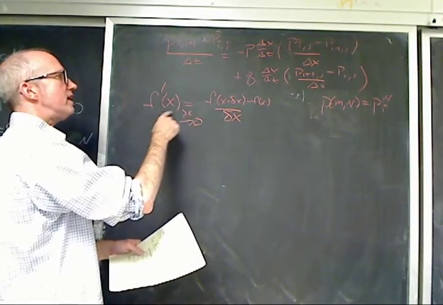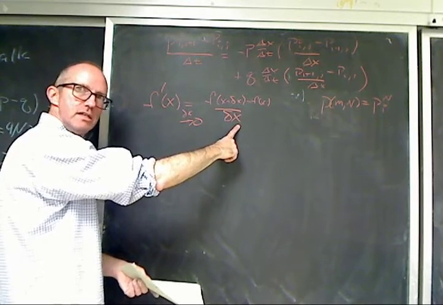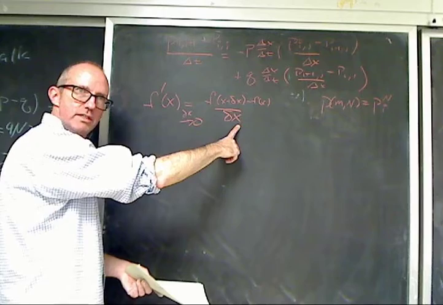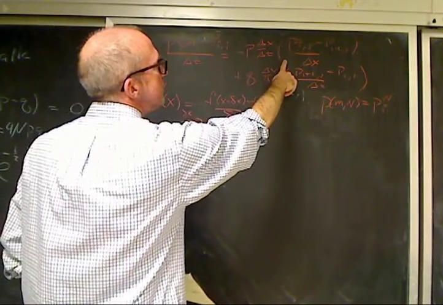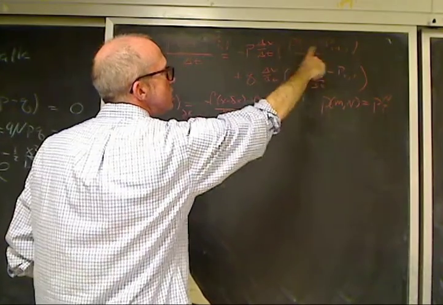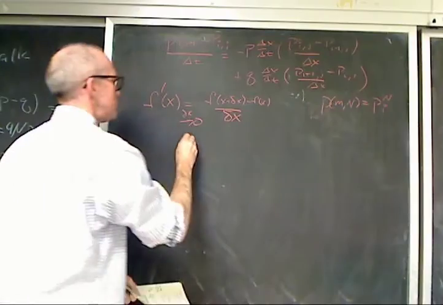So f prime of x is f of x plus delta x minus f of x, over delta x. Everybody loves this, right? So this is a derivative in x, and this is a derivative in x, but let's draw a couple points.